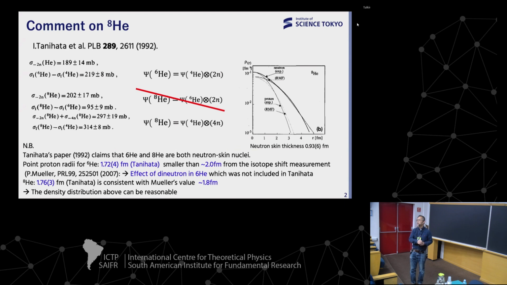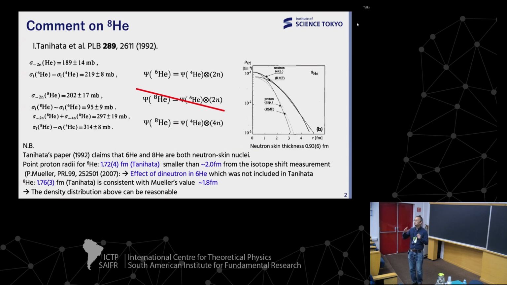When they extract this kind of radius, the interaction cross-section measurement should assume a spherically symmetric distribution, so the 4 neutrons or 2 neutrons should be distributed isotropically.